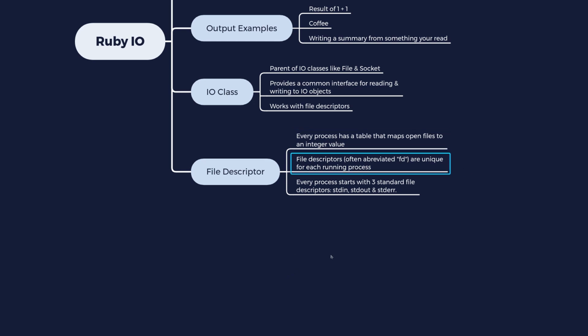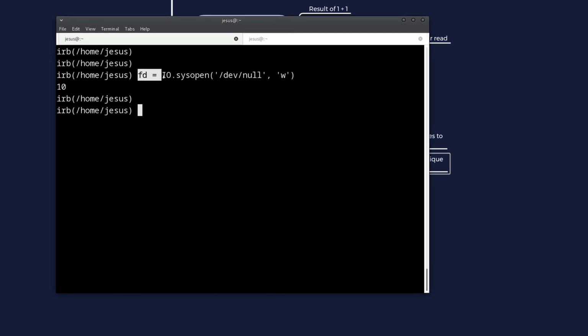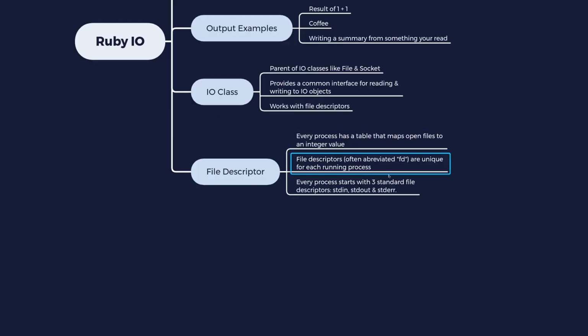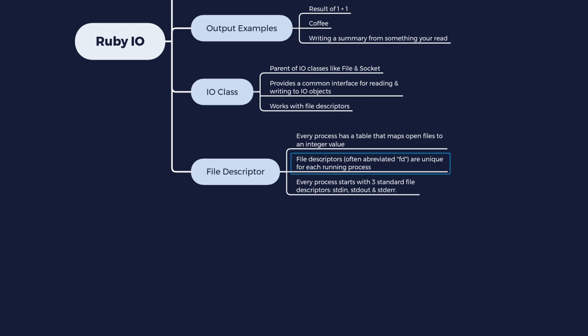Now, file descriptors are often abbreviated FD. That's why I use fd as the variable name. Usually I don't recommend using abbreviations or very short names for your variables, but in this case I think I would make an exception, because everyone that's familiar with file descriptors and IO should know that fd is file descriptor.